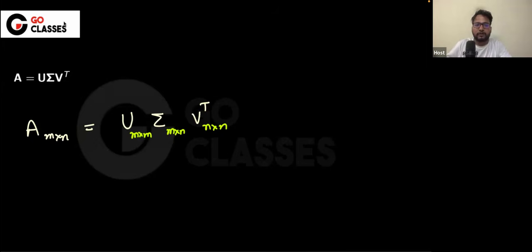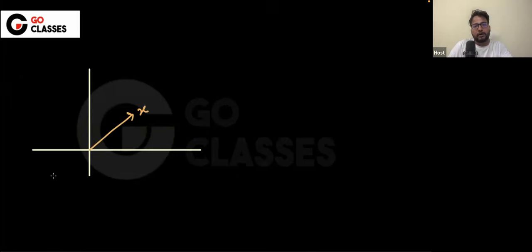So let's just continue. Basically, we want to do SVD on this. Now, we know one thing. Suppose we have a vector, let's suppose x. And now, if we multiply this vector by some matrix, let's suppose A, what will happen?